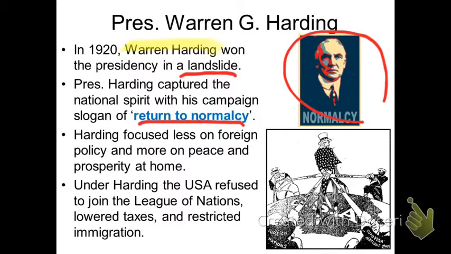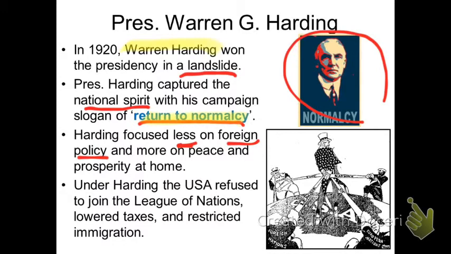Let's return to this. Bullet 2: President Harding captured the national spirit with his return to normalcy campaign slogan, and he won rather easily. Bullet number 3: Harding focused less on foreign policy. And again, keep in mind, we had just participated in a world war.